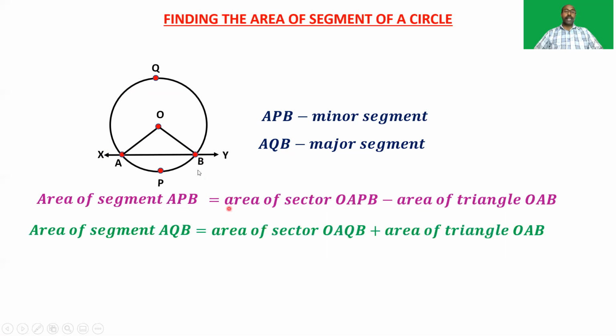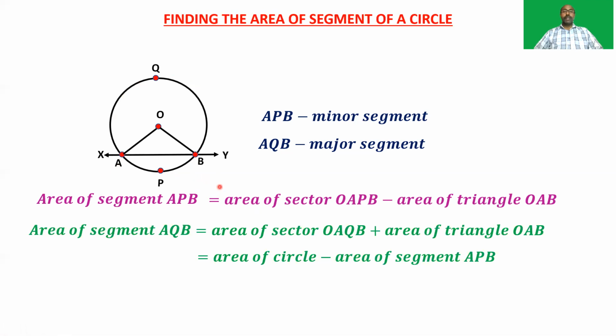Otherwise, it can be written as the area of the segment AQB is equal to the area of the circle minus the area of segment APB. By subtracting the area of this minor segment from the area of the circle, we get the area of the major segment AQB. So, in this way, we can find the areas of segments of a circle.